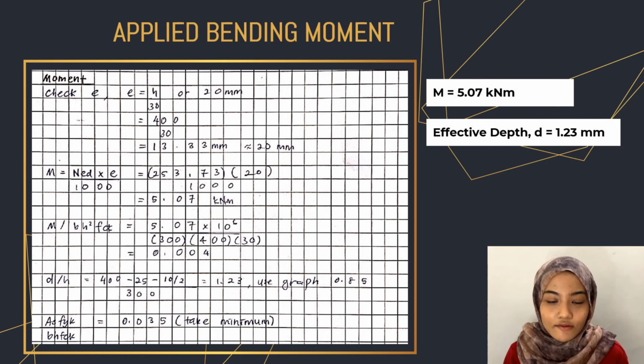In detailing reinforcement, firstly, we need to find the area of steel bar required. In order to do that, the bending moment applied to the column must be determined and the value obtained is 5.07 kNm. Effective depth calculated is 1.23 mm, which gives a value of d over h equal to 0.85.